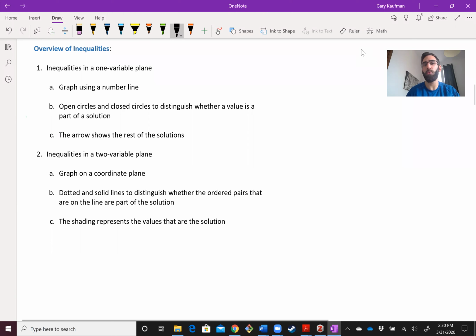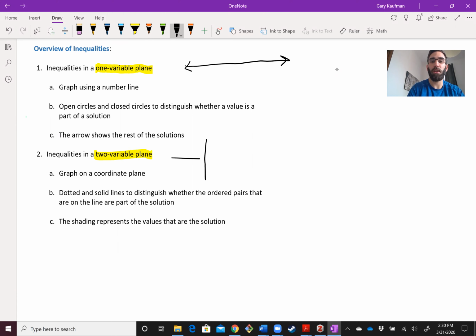So I want to do a quick overview of inequalities. And I want you to notice that we're looking at a one variable plane. What that means is on a number line versus a two variable plane, which is on a Cartesian graph where we have an x and y coordinate.